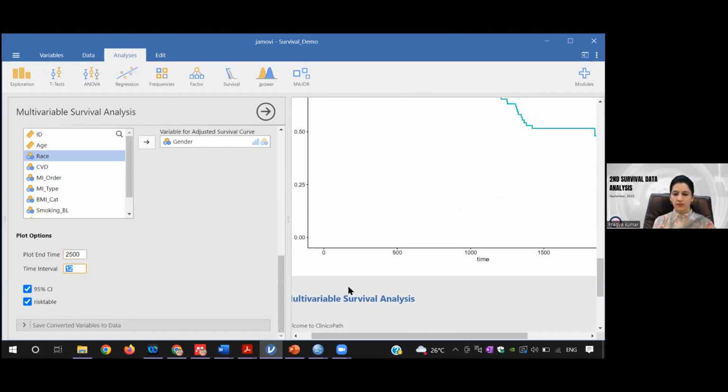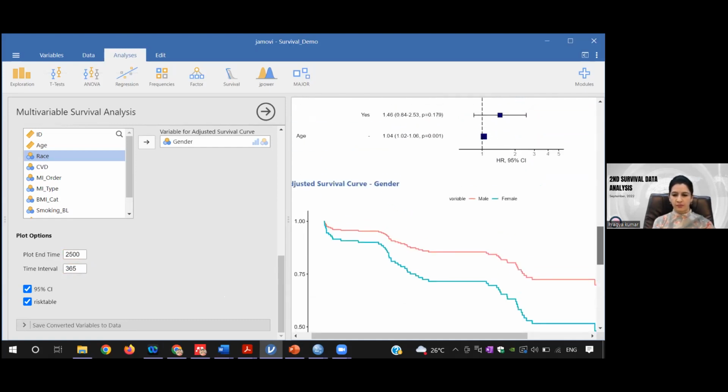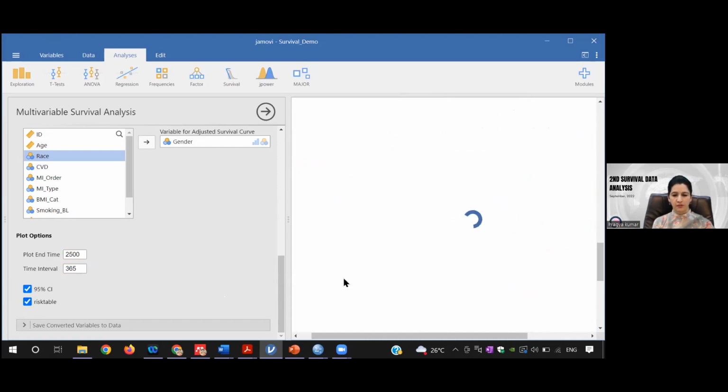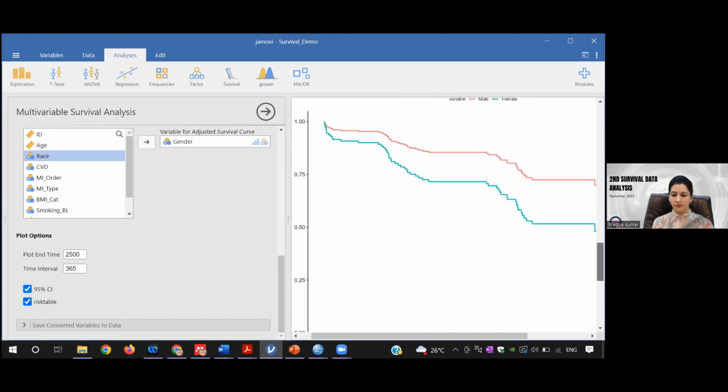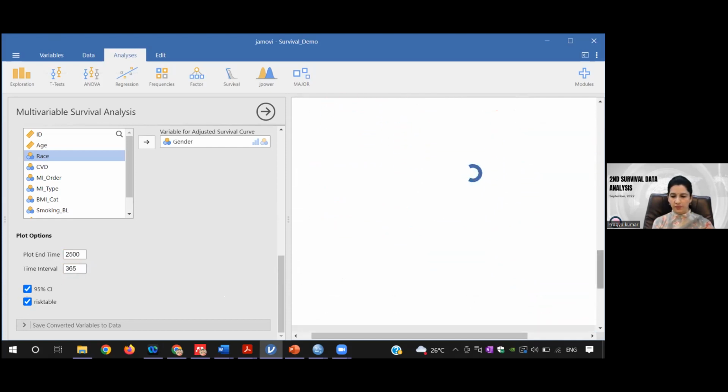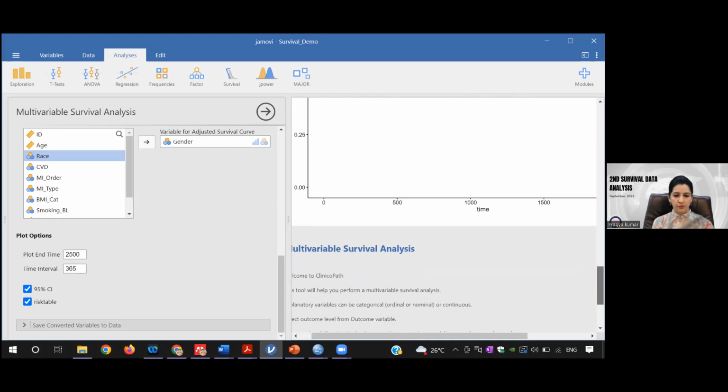Time interval. Maybe 365. Why is this risk table not coming? It is showing even the 95% confidence interval, but the risk table is not coming, although the option is there.